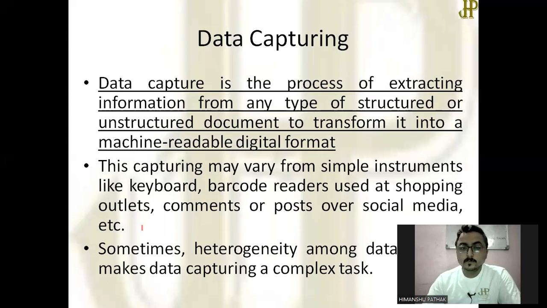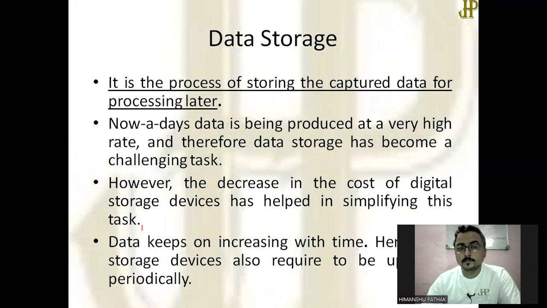Okay, now data storage. It is the process of storing the captured data for processing later. Whatever you have captured in digital 0 and 1 form has to be stored for processing, and that processing can be done right now or at a later stage.